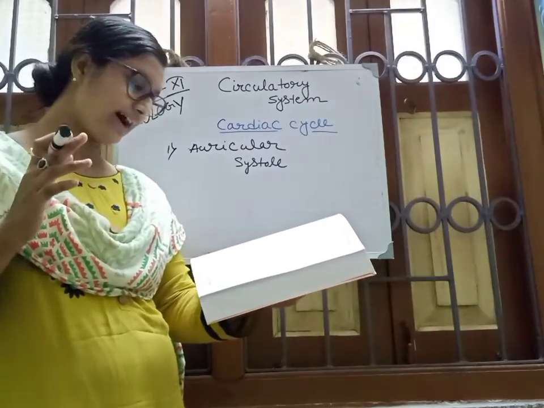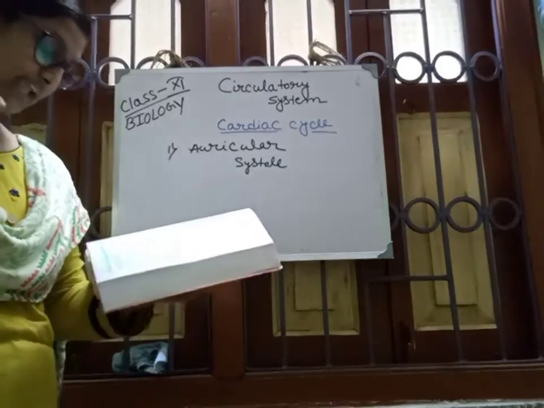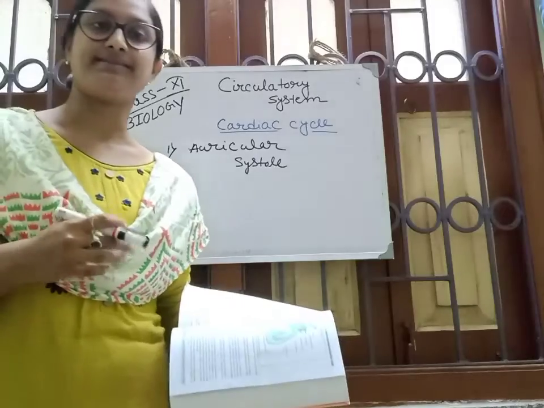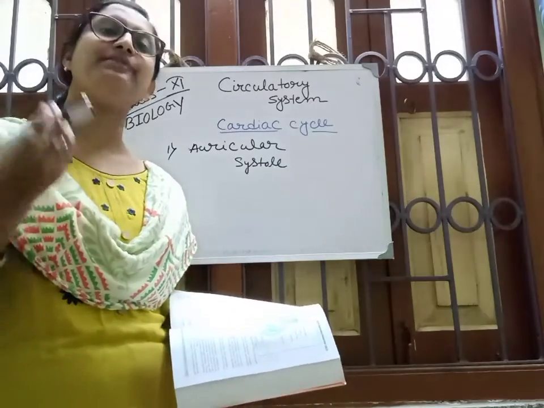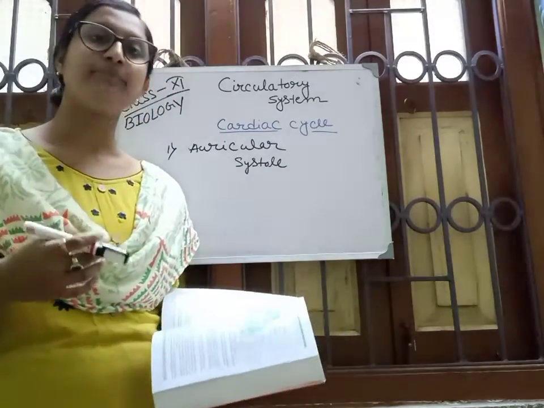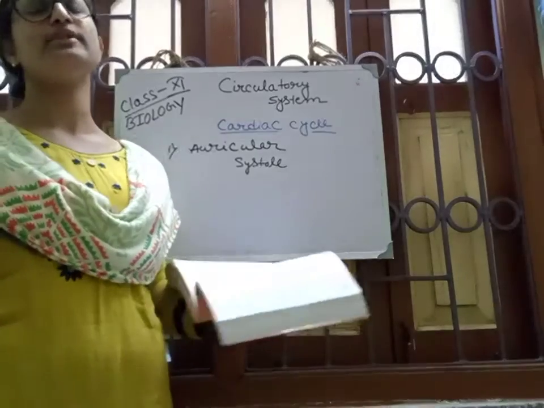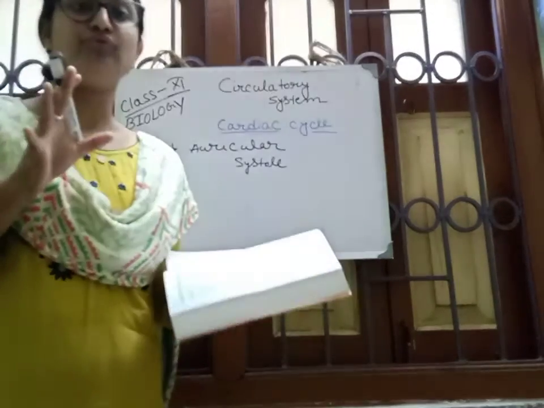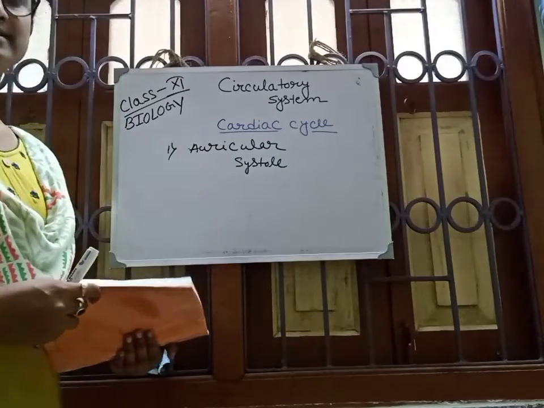During the atrial systole, the bicuspid and tricuspid valves, or AV apertures, remain open, so the blood does not flow back. When the auricles are full of blood and start to contract, it is called the auricular systole.